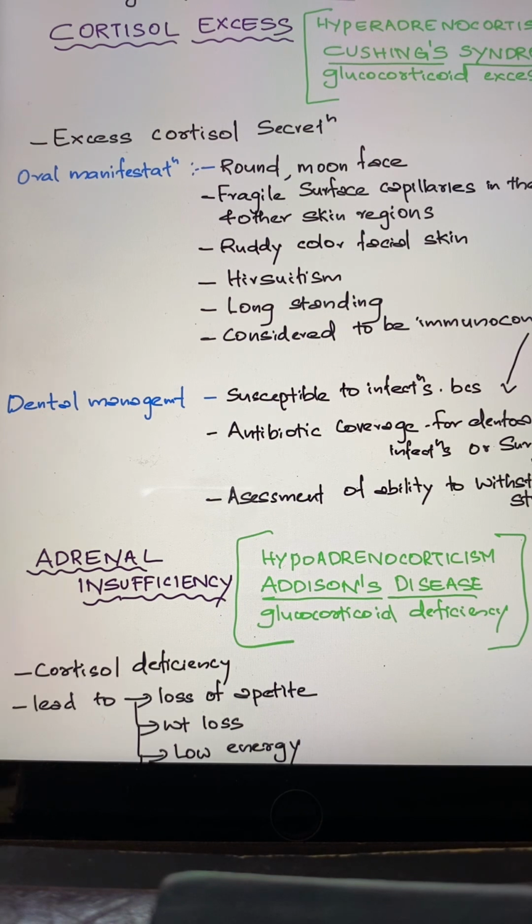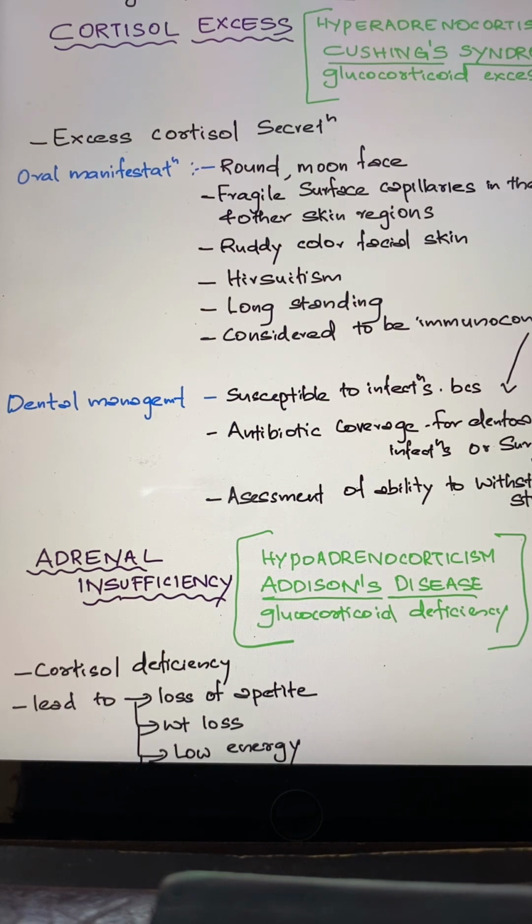We know the function of cortisol is essential especially in case of stress. When cortisol production increases, the stress also increases in such patients. So when they come for dental treatment, we need to assess properly their ability to withstand stress.